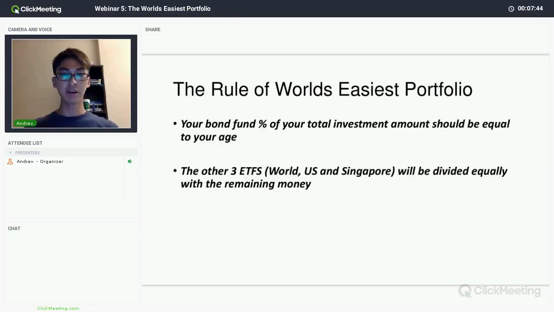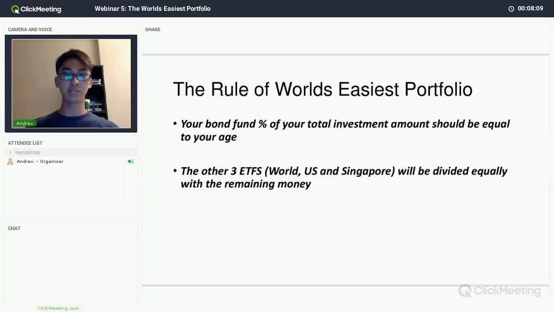So this is just a rough rule, but it's a very good gauge that as you get older, the percentage of bonds in your investment portfolio will grow, and this will protect you from volatility. And as you grow older, you want to have less risk because your earning power decreases or you lose your job or that kind of thing.